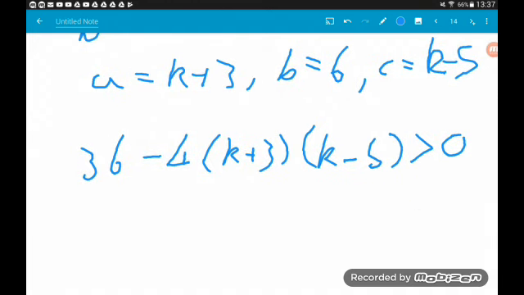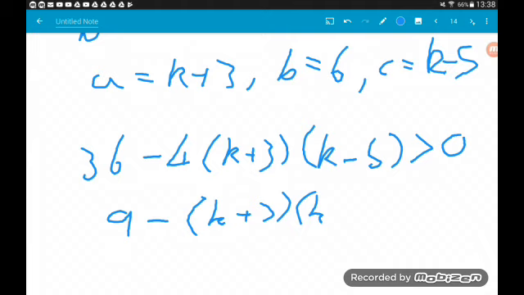So, before we expand these brackets up, I'm going to make life a little bit simpler. We can first of all divide everything through by 4. 36 has a factor of 4, and then the 4ac part has a factor of 4 too. So, if we divide through by 4, we get 9 minus (k plus 3) times (k minus 5) is greater than 0.